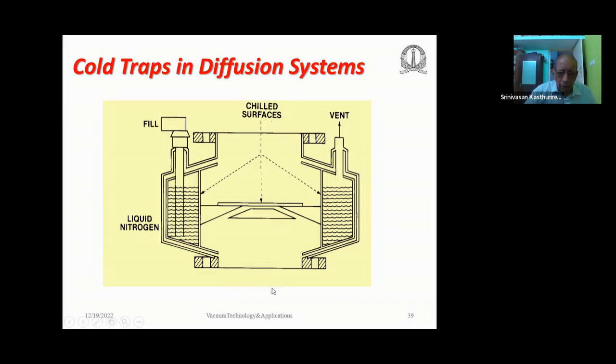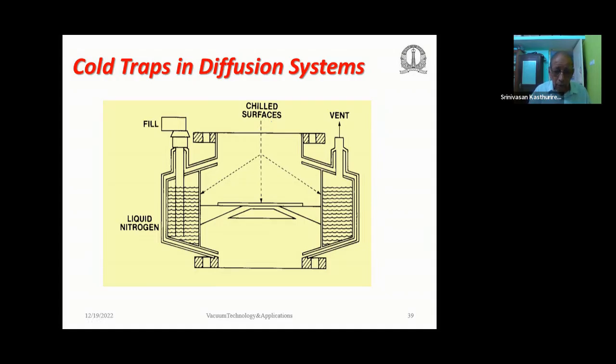See your diffusion pump. The oil vapor molecules are gradually going to come upwards. And because there is a set of plates connected here, the molecules which are coming up to the top meet surfaces cooled to liquid nitrogen temperature. So therefore, the oil vapor molecules will now get condensed on these surfaces. On the surfaces which are cooled to low temperature, it will automatically get condensed.